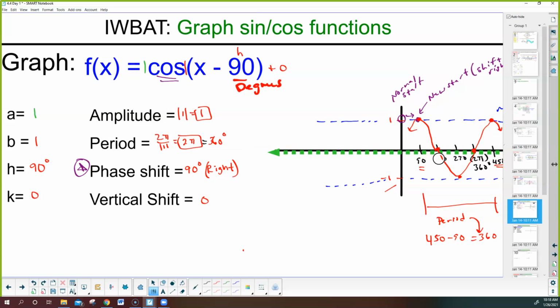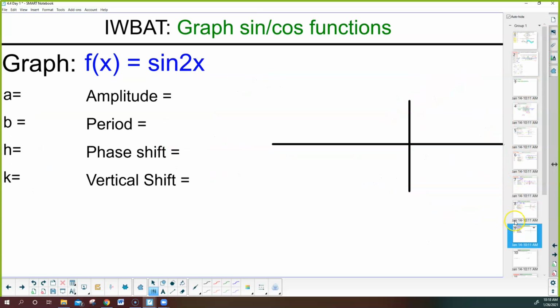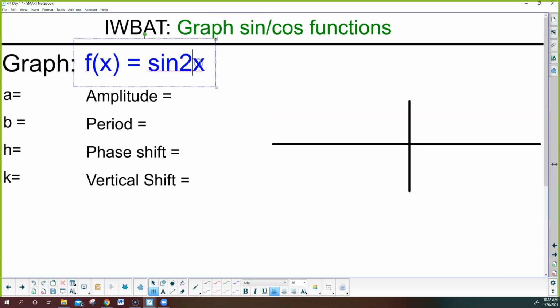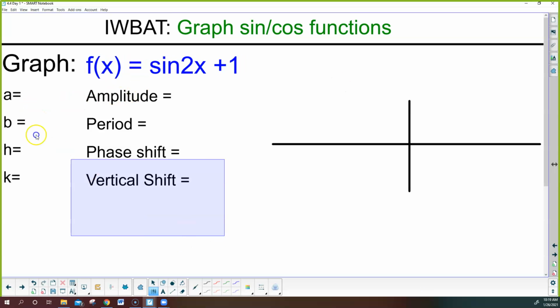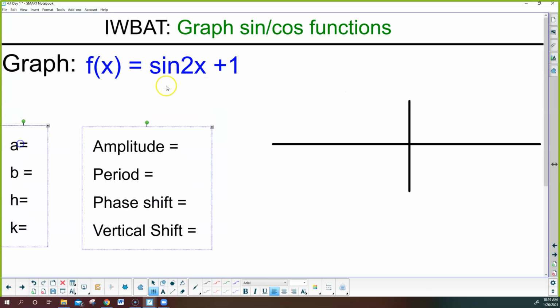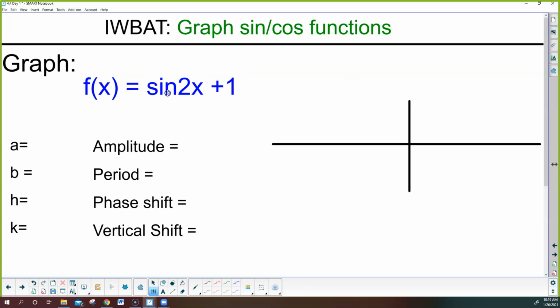All right, I would like to do this one together. And let's add a little extra piece here. We're going to have some fun. We haven't talked about phase shifts yet, and we haven't really done a vertical shift. So I would like you to write this one down.